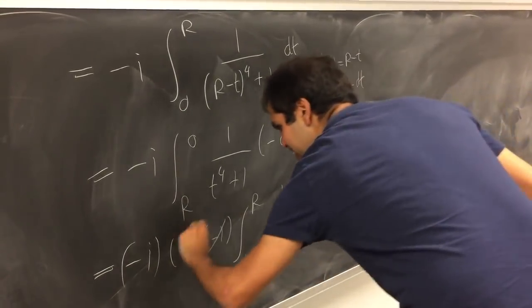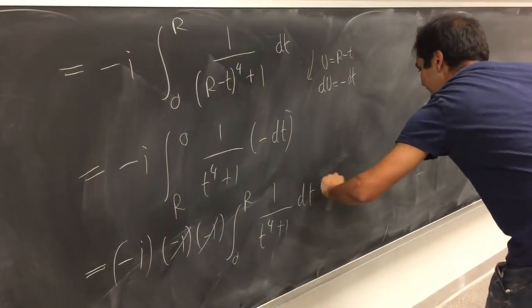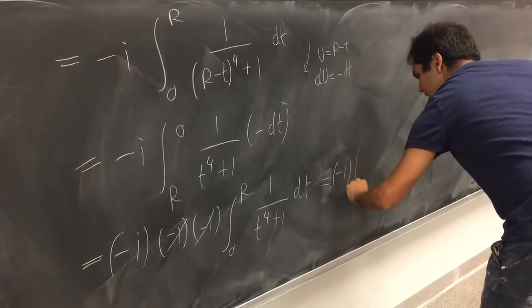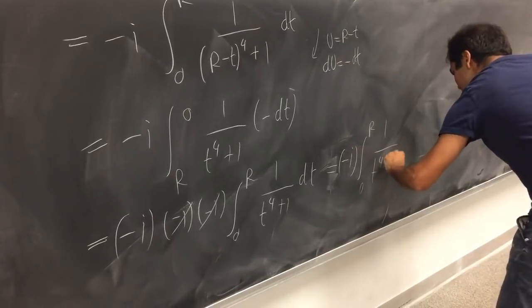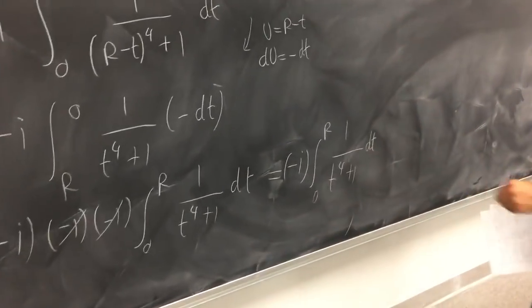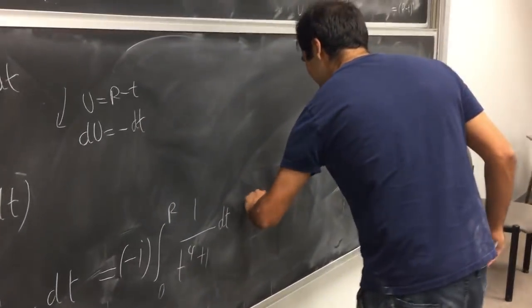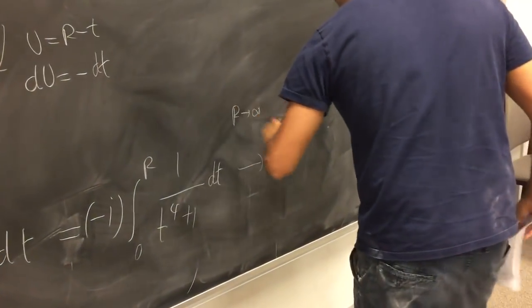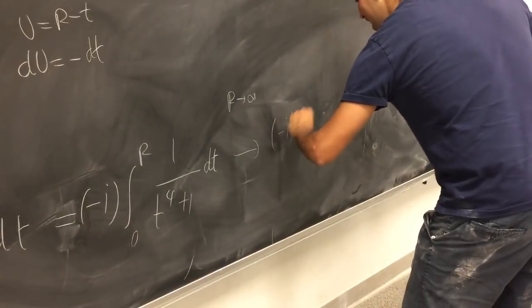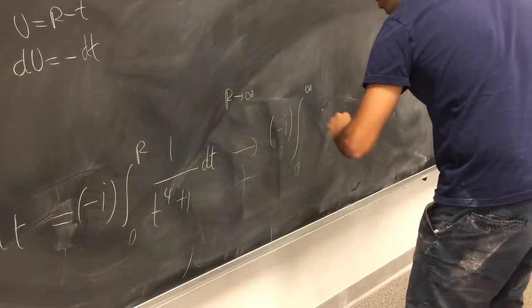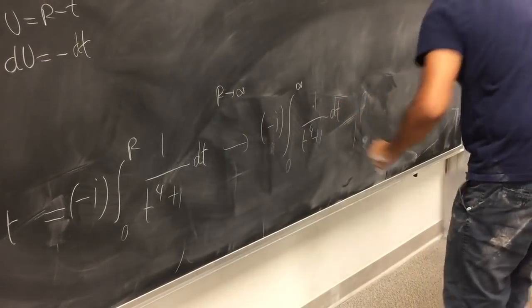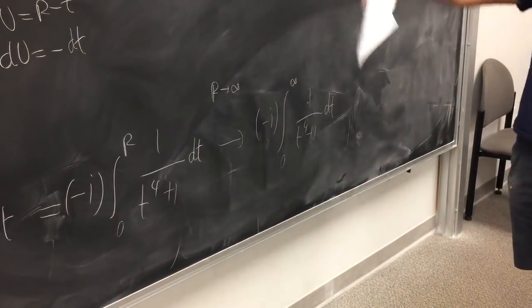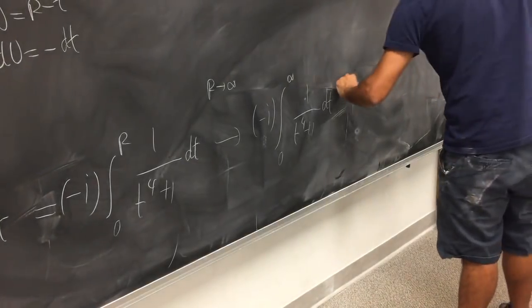This cancels out, and you get minus i times the integral from 0 to r of 1 over t to the 4th plus 1 dt. Well, look at that. Now let r go to infinity, and we get minus i times the integral from 0 to infinity of 1 over t to the 4th plus 1 dt. That's great. That's actually minus i times our answer.